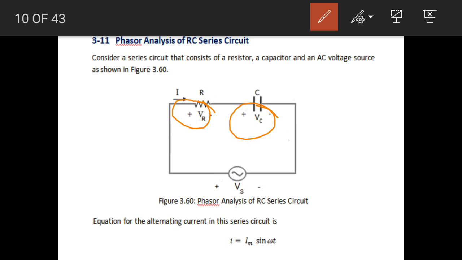We can find out the phasor value of the AC voltage across the capacitor if the RMS value of this voltage and the phase angle of this voltage are known. Similarly, we can find out the phasor value of the applied voltage if the RMS value of this voltage is known and the phase angle of this voltage is known.